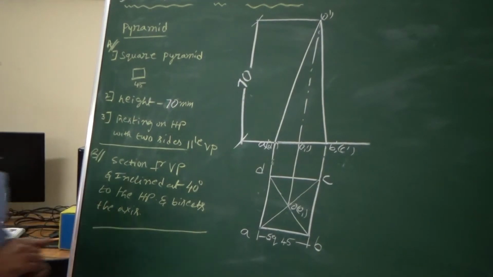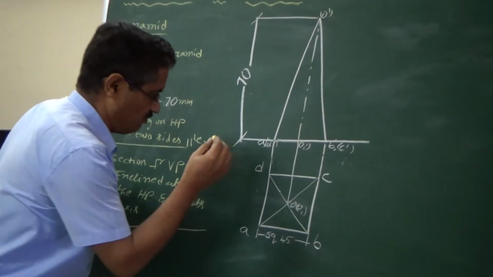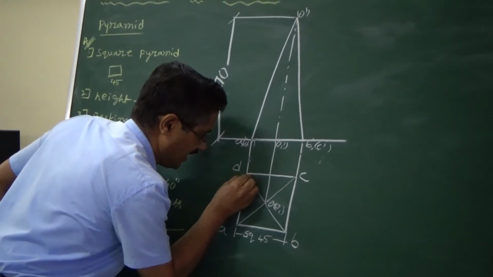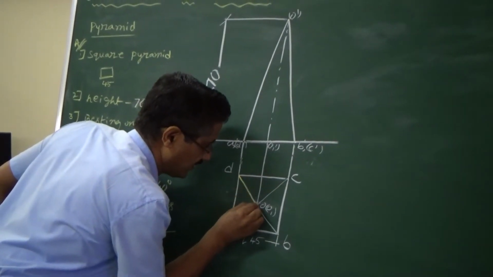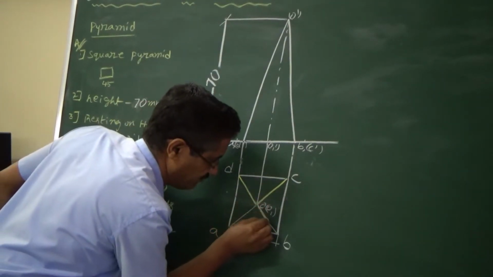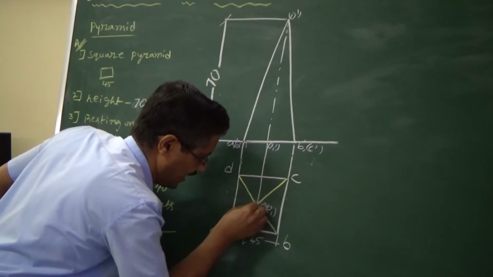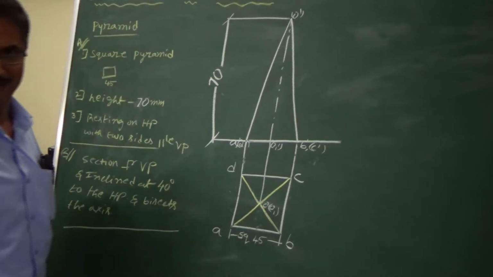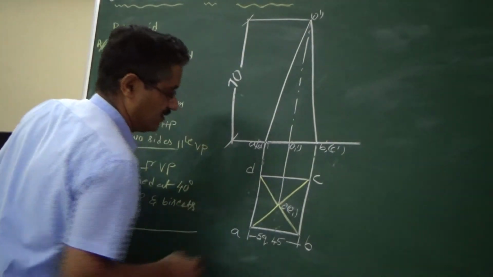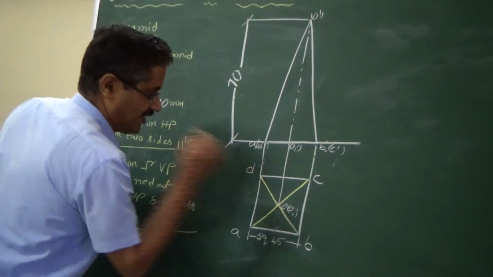We have done stage 1, but one important thing is, in the case of a pyramid, these lines have to be marked thick. It has to come to the apex points like this. If you do not draw this line, you will not get marks. You have to be very attentive while taking these lines.